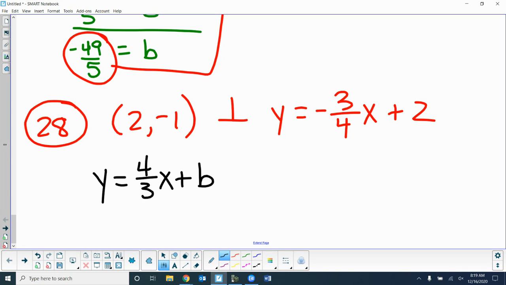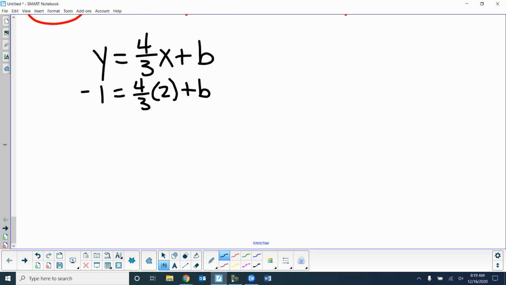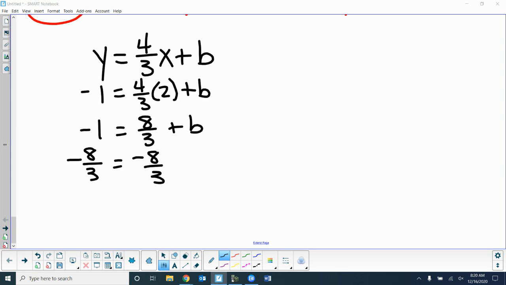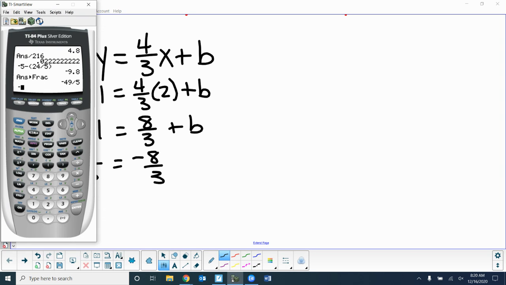Okay, and then use the point you're given. So -1 in for the y, 2 in for the x, which is 8/3. It's 4 times 2. Just do the numerator. You don't do the denominator when you multiply. All right. So again, just put -1 minus 8 divided by 3 in parentheses.